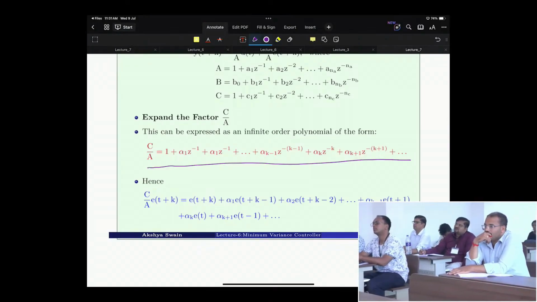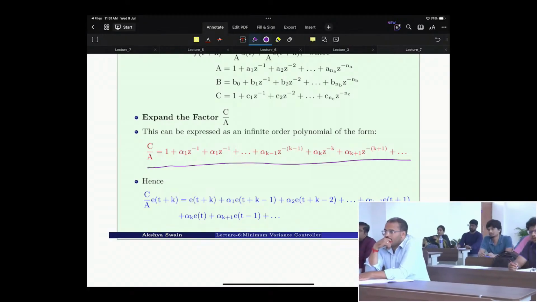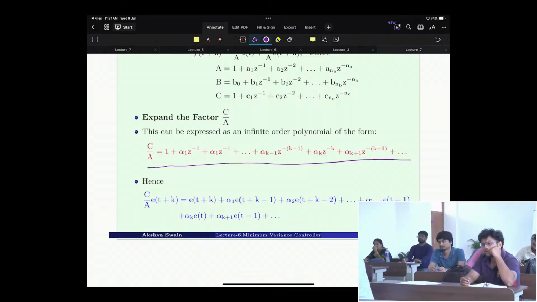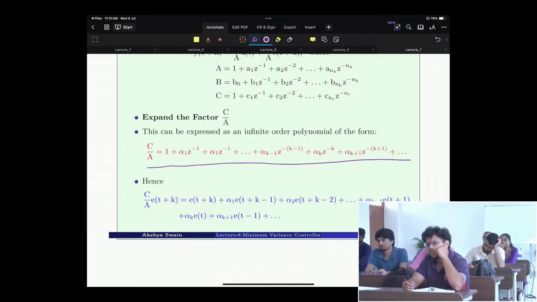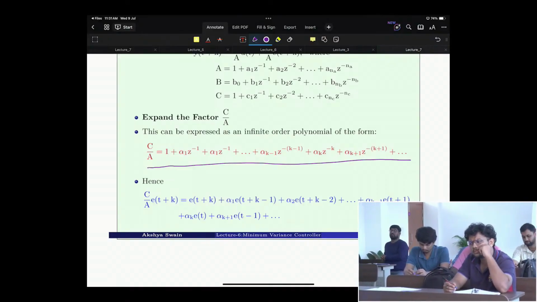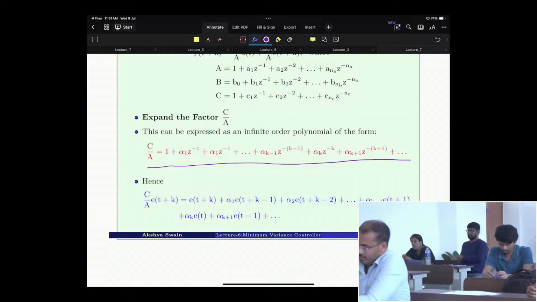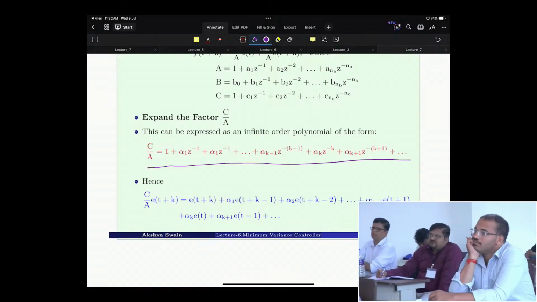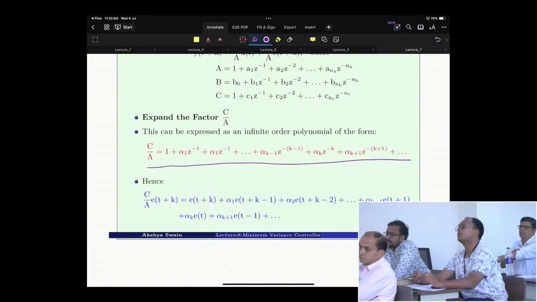A finite impulse response having almost infinite number of terms can be modeled by only 2 terms by a polynomial. See here, this entire thing can be approximated by only 2 terms, right? I think Steve Billings found out this particular thing. Then he got a couple of students who were working on rational model identification using this idea. Okay, I'm not coming to that.